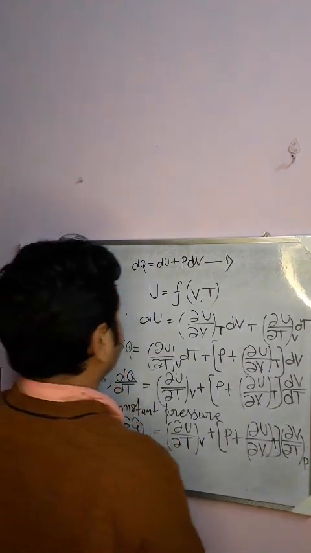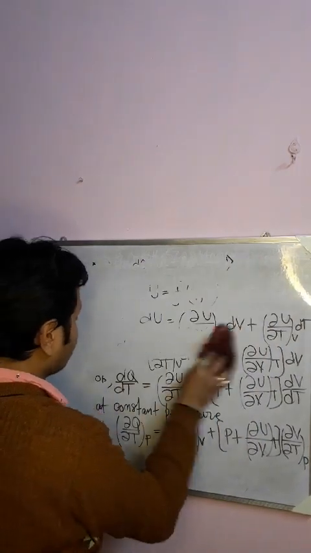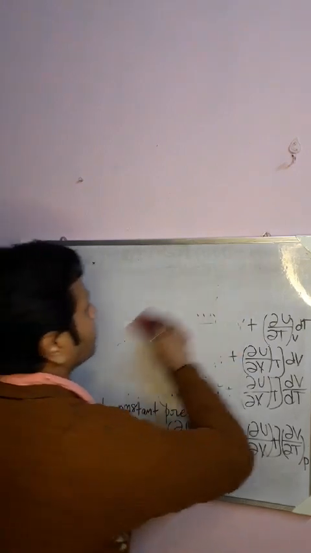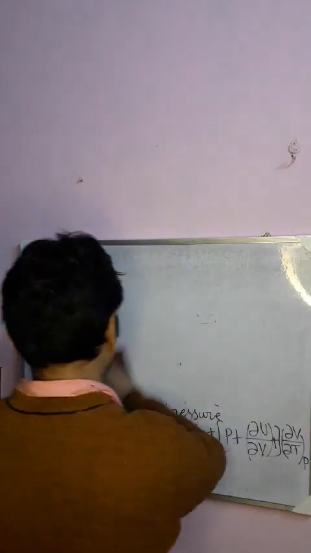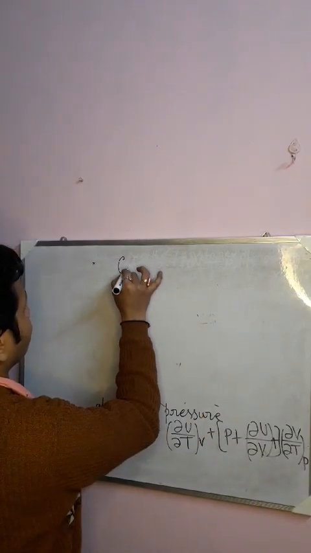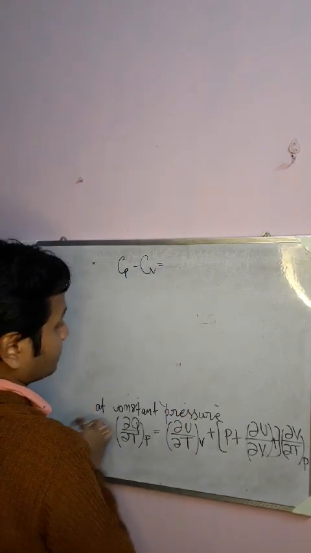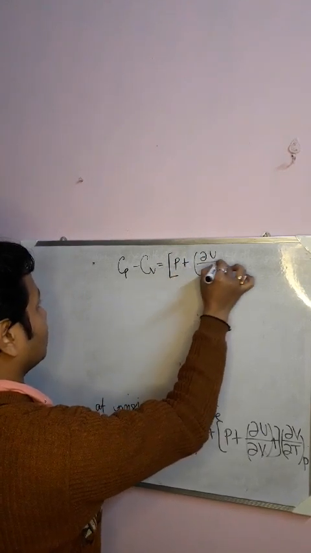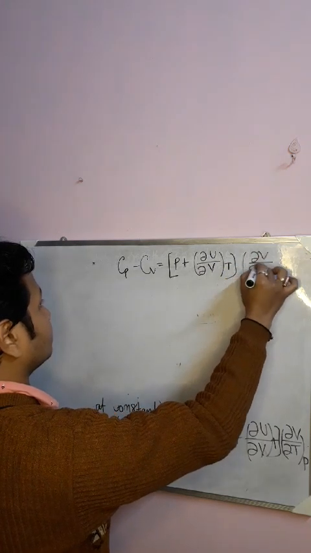Now we will be able to get the general equation for the difference between two specific heats. The left hand side term becomes Cp, and this we all know is Cv. If you take it to the left hand side, it becomes Cp minus Cv equals [P plus (del U/del V) at constant T] (del V/del T) at constant pressure.